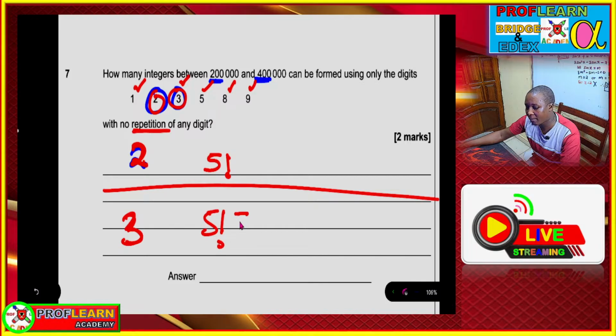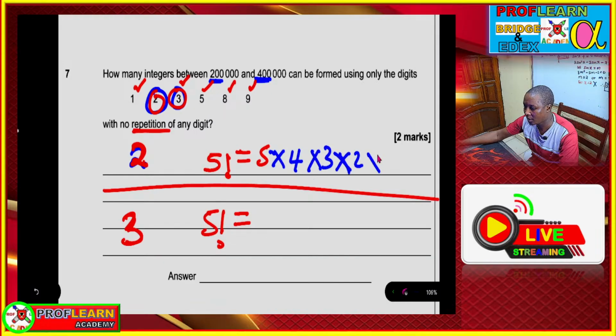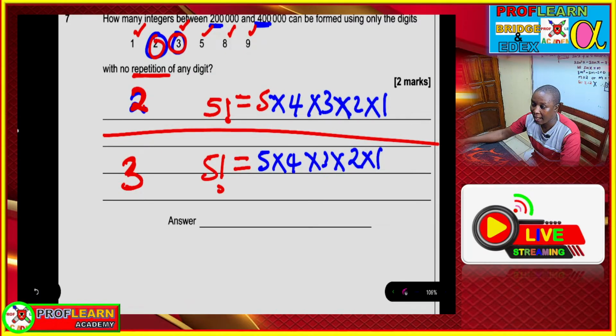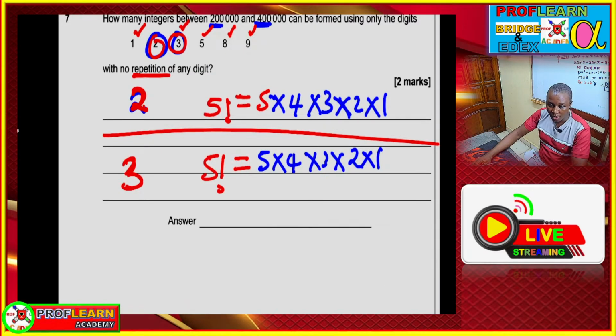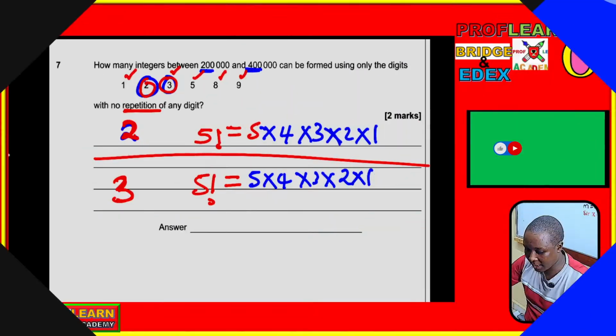And 5 factorial in maths, what does it mean? 5 factorial means 5 times 4 times 3 times 2 times 1. And this option will give us 5 times 4 times 3 times 2 times 1 as well. You can put that in the calculator.